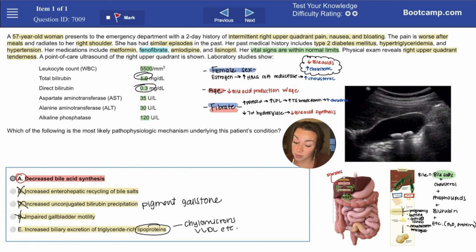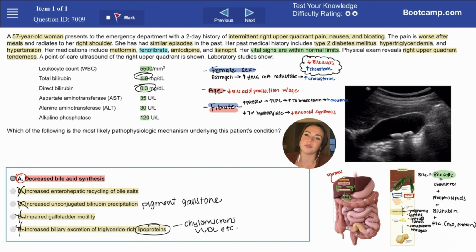Yes, fibrates promote the breakdown of triglycerides, but those triglycerides don't get packaged into lipoproteins and sent into the bile. We already talked about our components of bile. There are no lipoproteins in there. The cholesterol that is excreted in bile is free cholesterol. It's not packaged into lipoproteins in the same way it was when it's absorbed. So choice E is out.